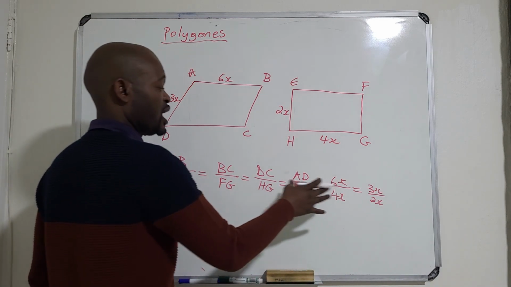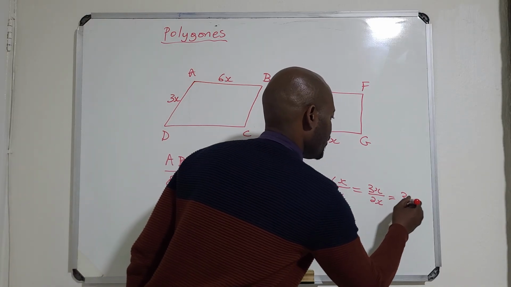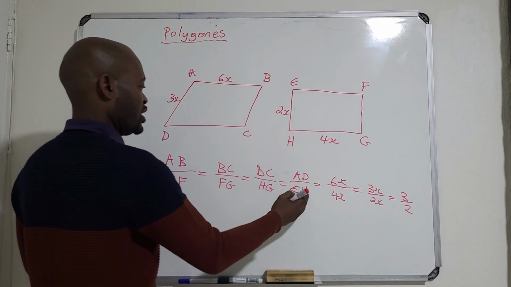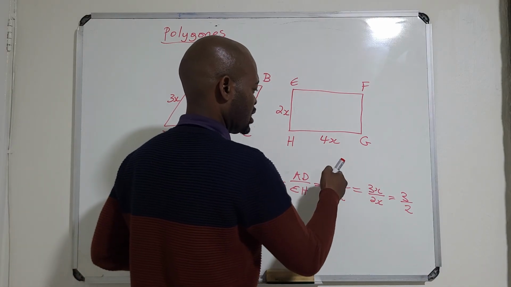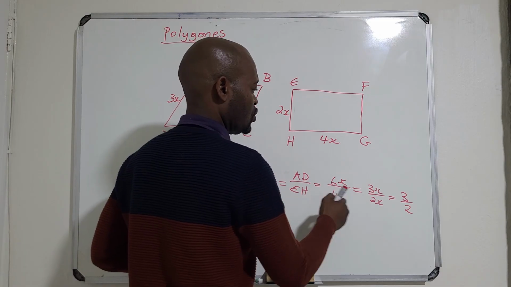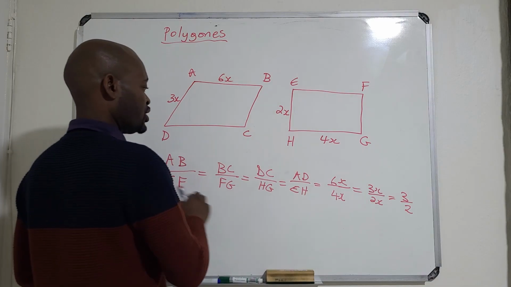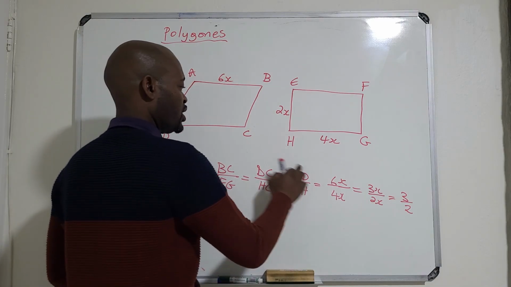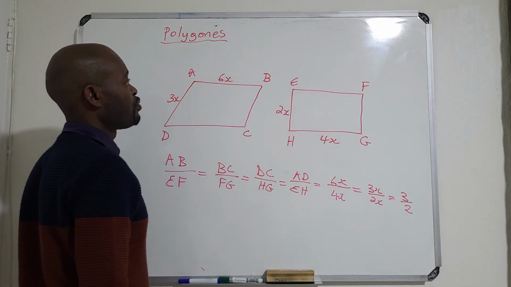Even the other sides are going to be like that, 3 over 2. This cancels, so it's the same as 3 over 2, 3 over 2, also that. Therefore, corresponding sides are in proportion.